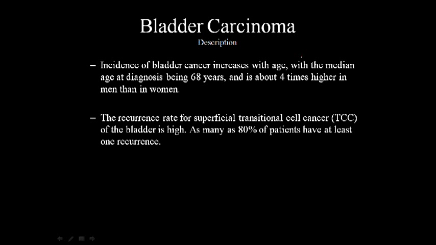Incidence of bladder cancer increases with age, with the median age of diagnosis being 68 years old. So usually you're around 68 when you get it, and it's about 4 times higher in men than women. So once again, men are going to tend to get bladder carcinoma more so than women are. And the recurrence rate of superficial transitional cell cancer, or TCC, of the bladder is high. As many as 80% of patients have at least one recurrence.